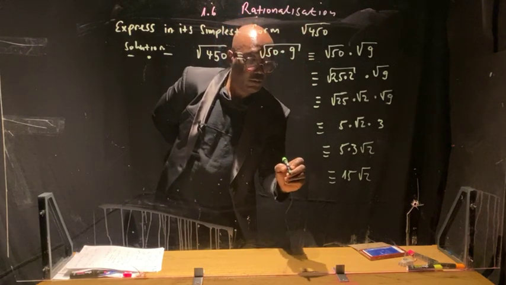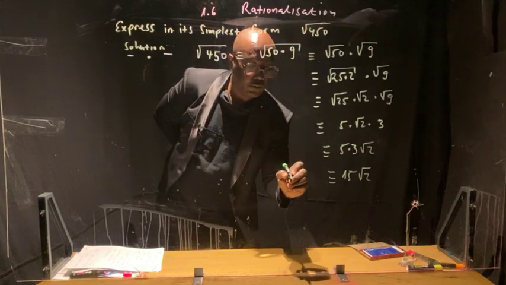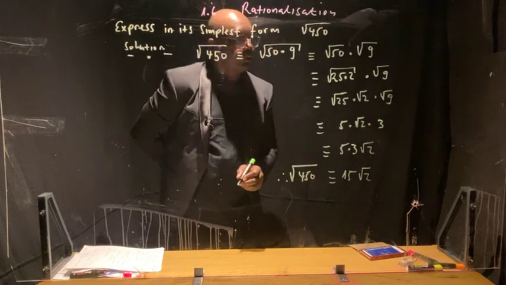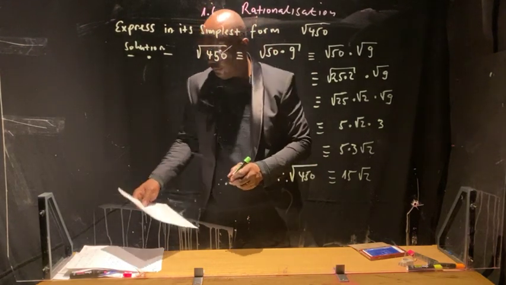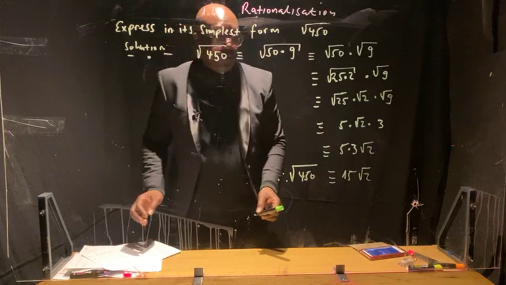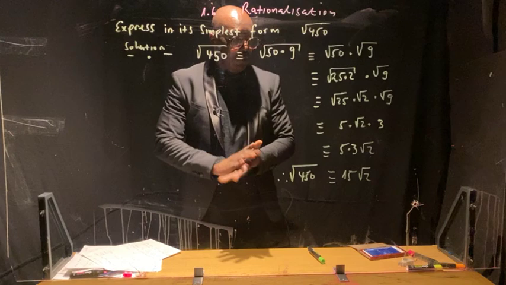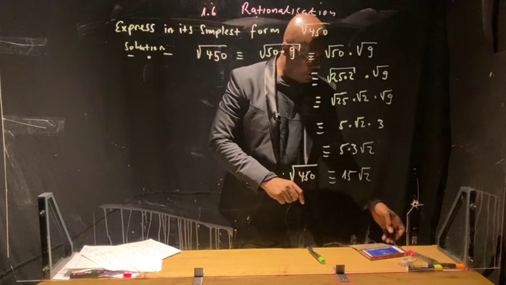Therefore, root 450 is equal to 15 root 2. Take your time, copy it, and we'll move forward.